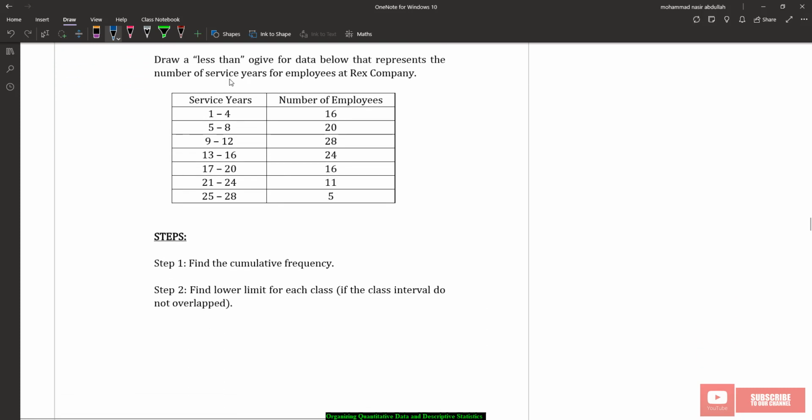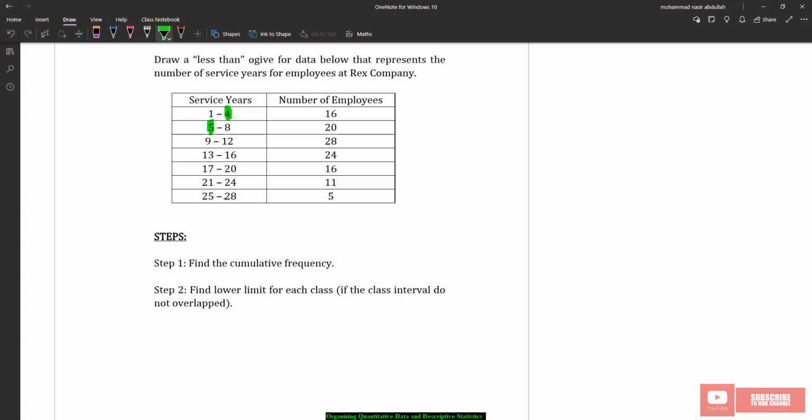Let's say we have a frequency table for quantitative data from 1 to 4, 5 to 8, 9 to 12, and so on. If you look at the class range, the upper class limit for the first class, which is 4, is not equal to the lower class limit of the second class.